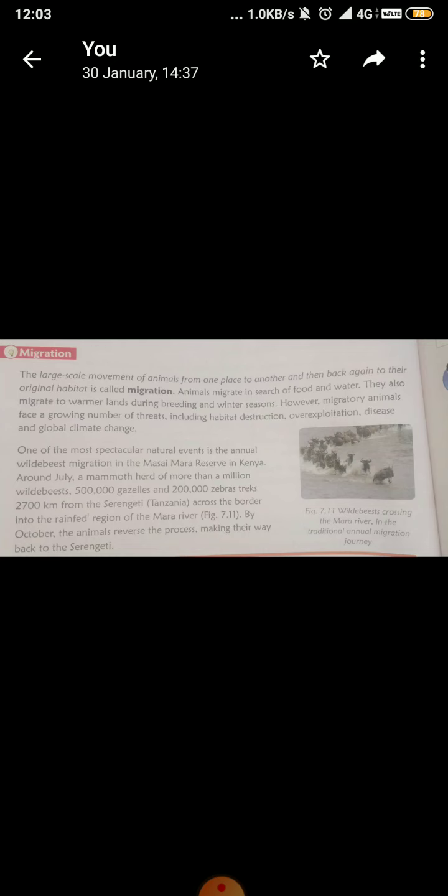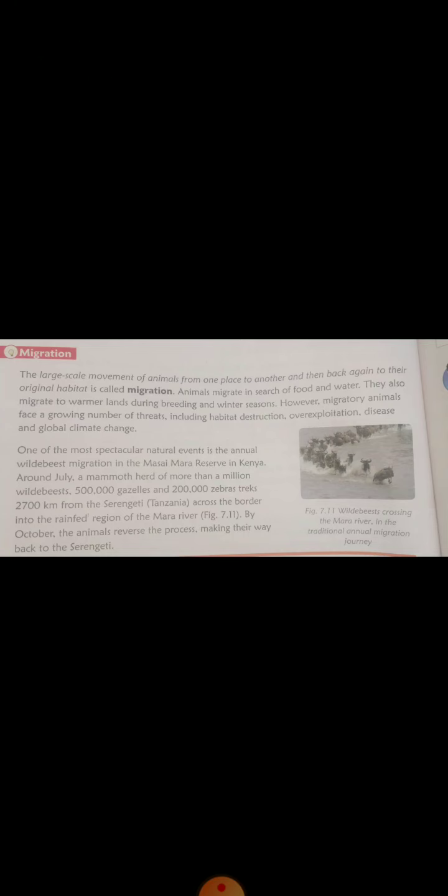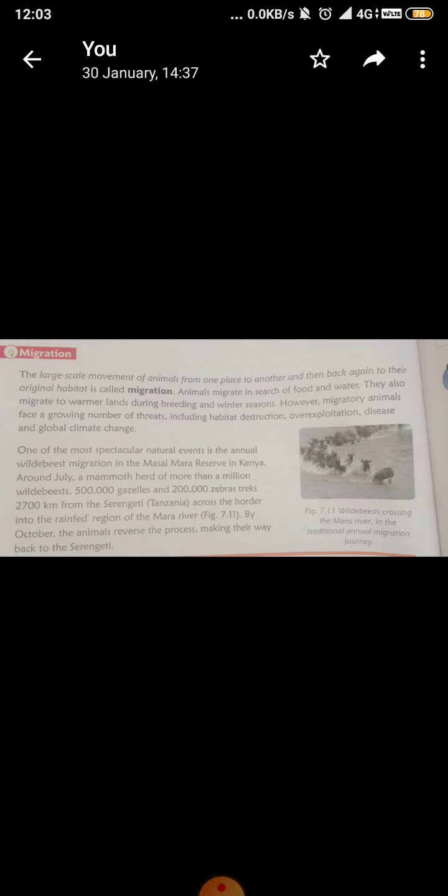Number one, the most spectacular natural event is the annual wild geese migration in the Masai Mara Reserve in Kenya. Around July, a mammoth herd of more than 1 million wild geese, 5 lakh gazelles and 2 lakh zebra trek 2700 kilometers from the Serengeti across the border into the rain-fed region of the Mara River.